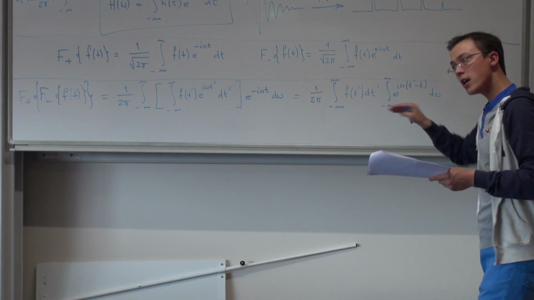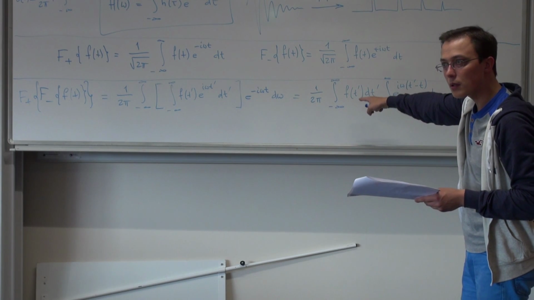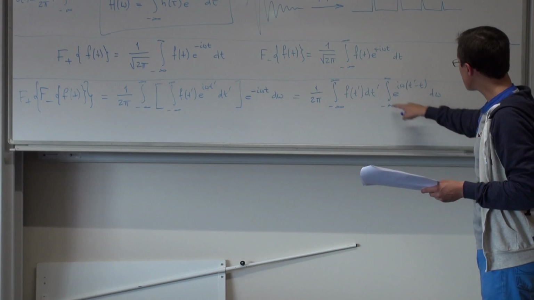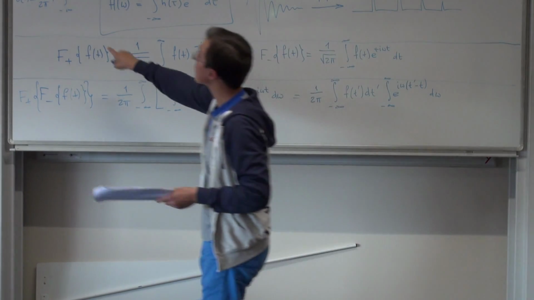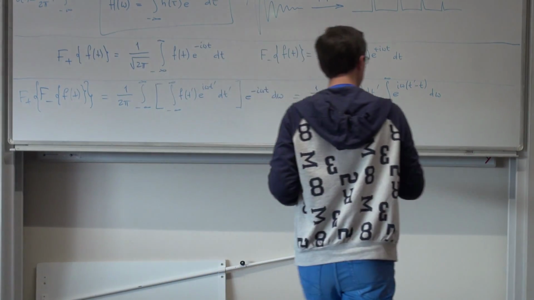Now you see it's a chained integral. Here we need to take the inner one first, then put it into the outer one, and take the outer one. But I can use this property of the delta function here to make it into a delta function.